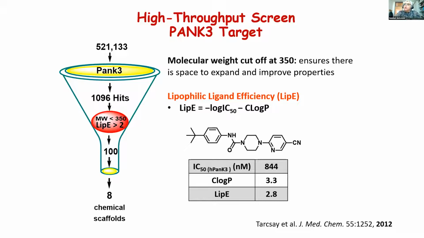We wanted a low molecular weight, so we had plenty of room to modify the molecule chemically, and we also wanted good lipophilic efficiency, which enhances blood-brain barrier permeability. And these parameters are among the characteristics of the top 25 central nervous system drugs which cross the blood-brain barrier.